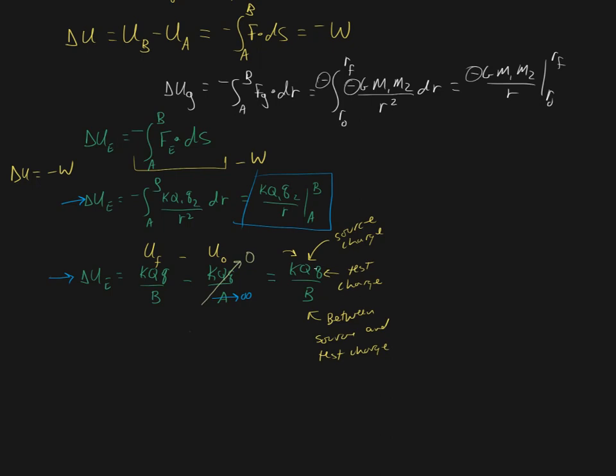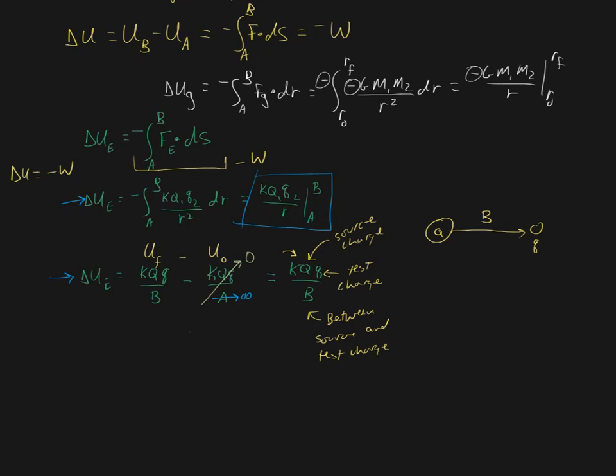Now you don't have to look at it as source charge and test charge, but I think it's probably easiest. And so what we have is Q here and little q out here, and the distance between these two is B. And this little q here came from infinitely far away. And the reason we do that is because when you're infinitely far away, no energy exists.